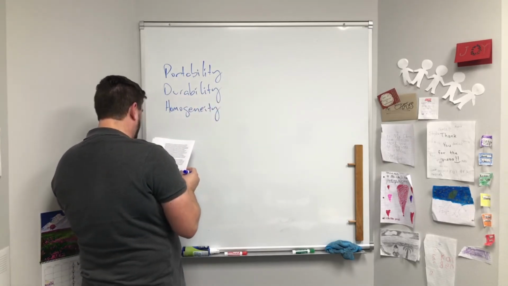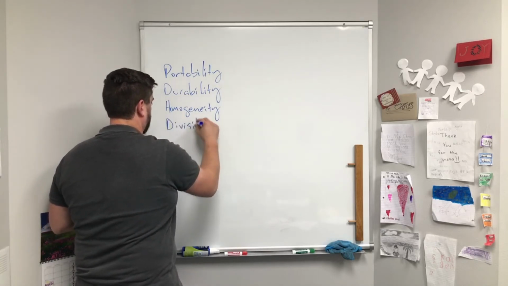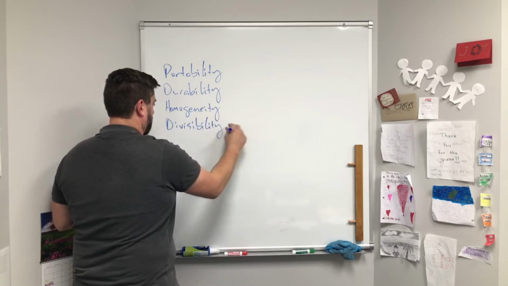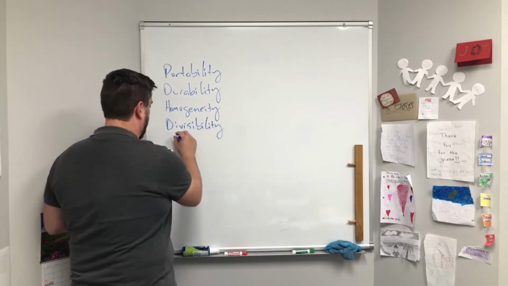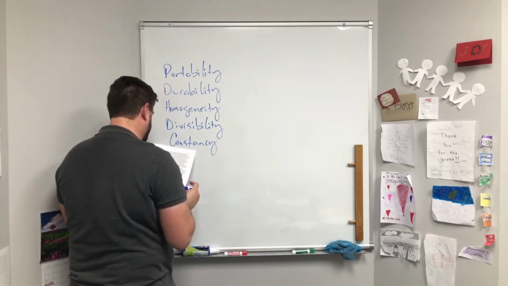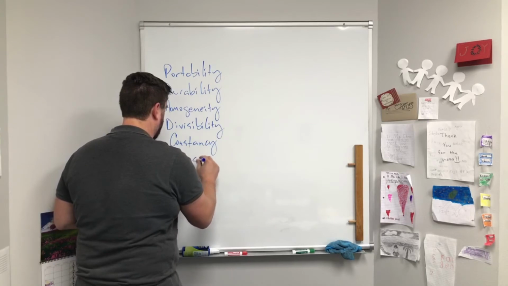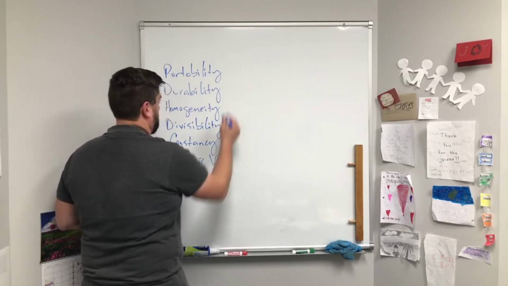Number 4 is divisibility. Number 5 is constancy, which means the value tends to stay the same. And then number 6 is intrinsic value. I'll just call it intrinsic V.